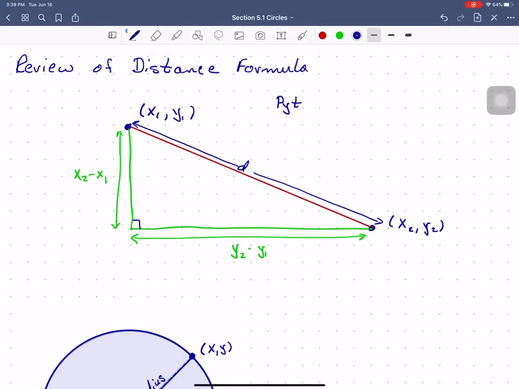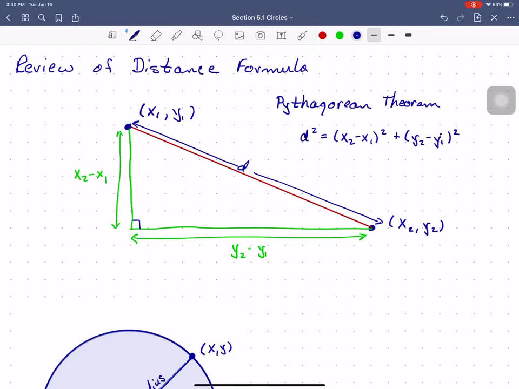Pythagoras tells us that d squared is equal to (x2 minus x1) squared plus (y2 minus y1) squared.